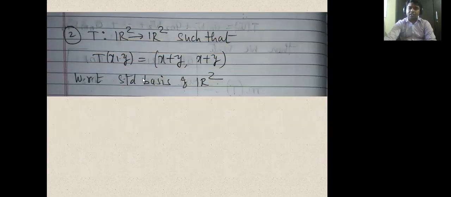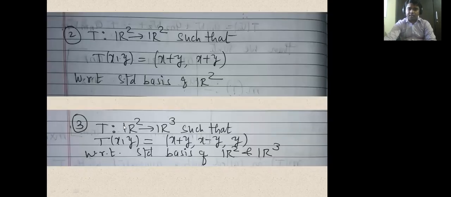Now these are the second, third, and fourth exercises. The second and third, you try on your own. The second says R2 to R2 such that T is defined as given, with respect to the standard basis of R2. Domain and codomain are both the same, so fix the standard basis of R2 here as well as here, apply our steps as in exercise 1, and find the matrix.